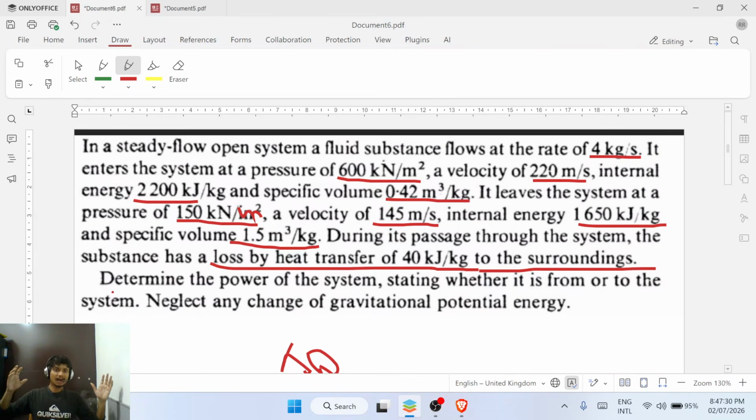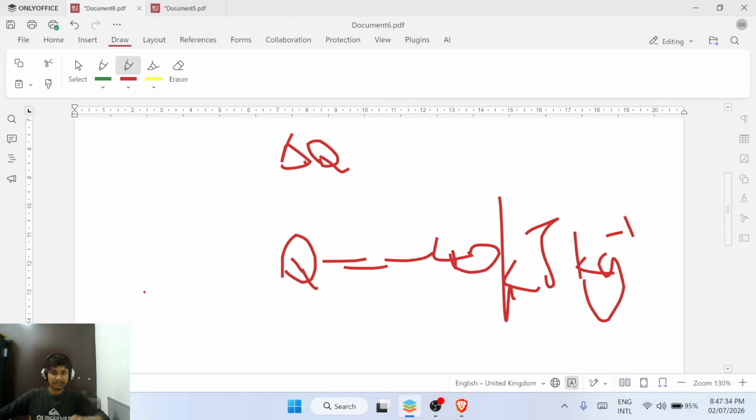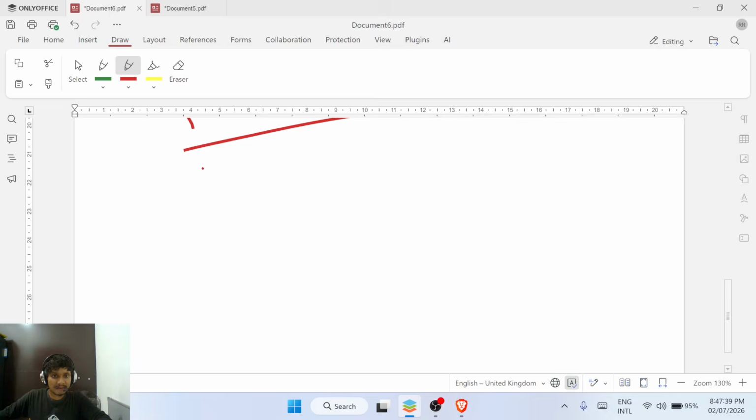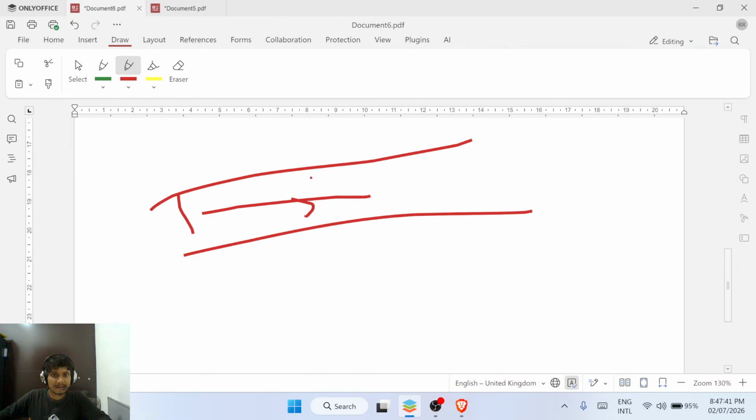The fluid is moving from one place to another place. Because of the flowing, there is a heat loss.